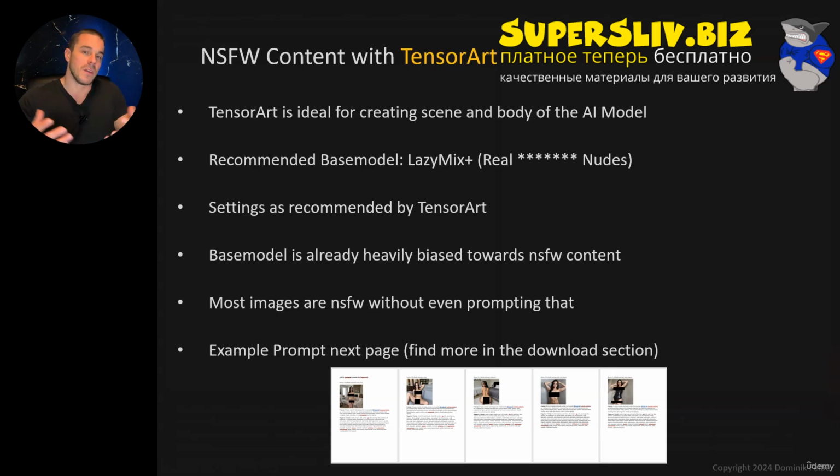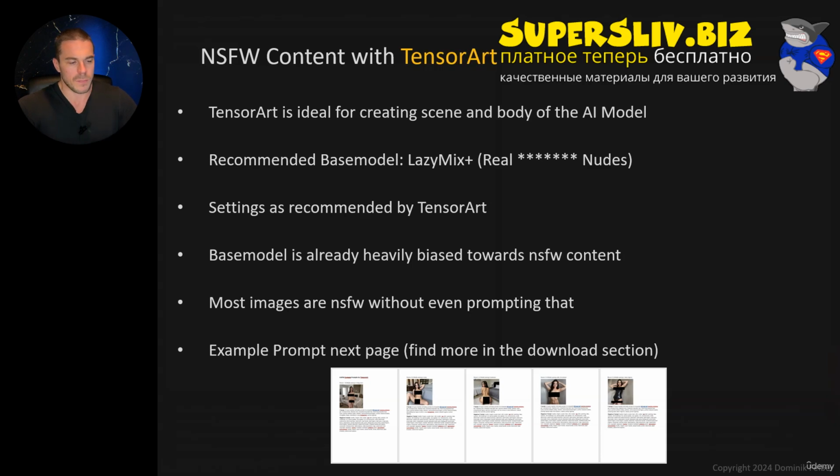So you have a bigger problem if you actually want to create safe for work content with that base model. And this will save you a lot of time because you save time for editing and removing clothing and so on, and you are already very close to the final result, and you just have to change the face and some little details and corrections. And how you do that, you learned in Lecture 3 of this video course.